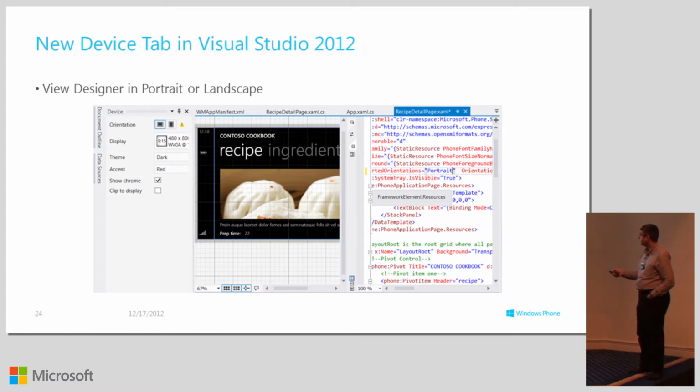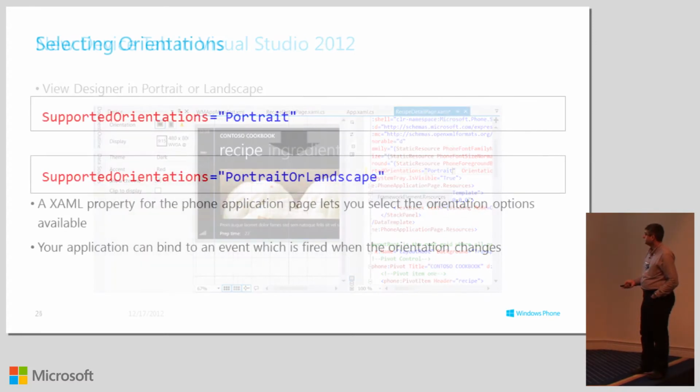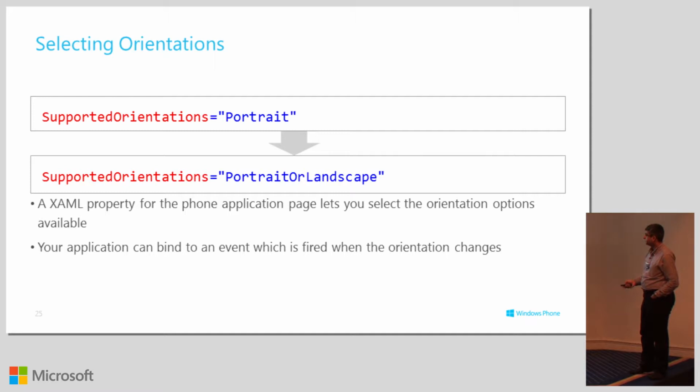in the supported orientations in the page, you provide the orientation that you would like to cater to. So you could say portrait, landscape, or portrait or landscape. You have those three options. And this is going to fire an event.